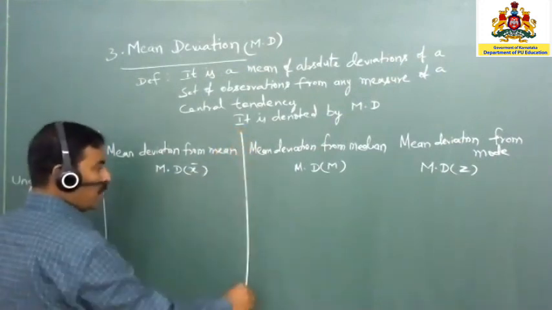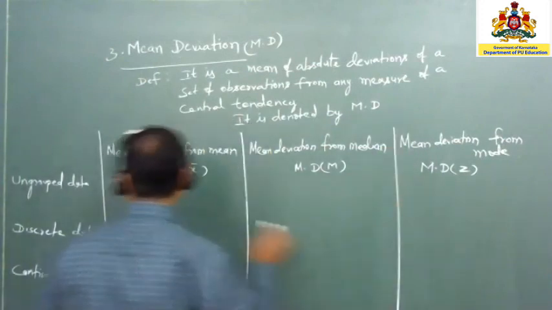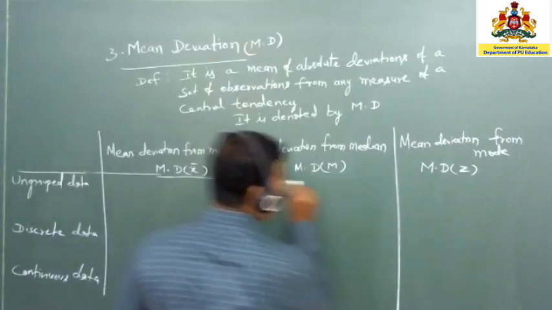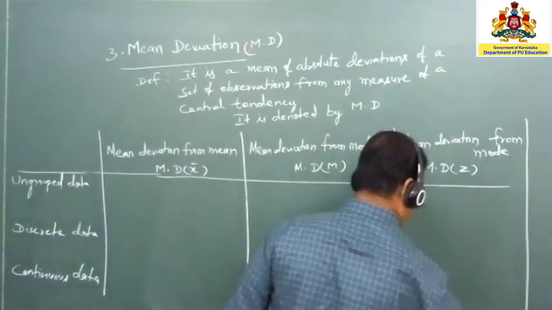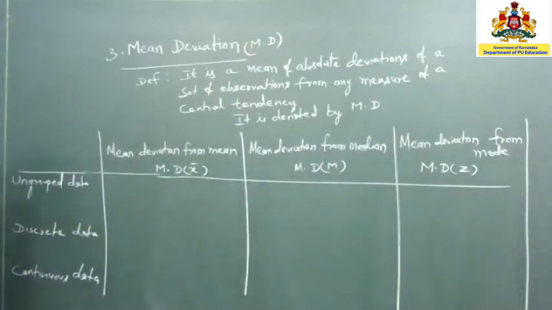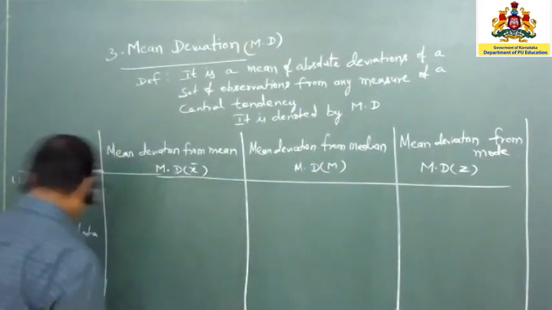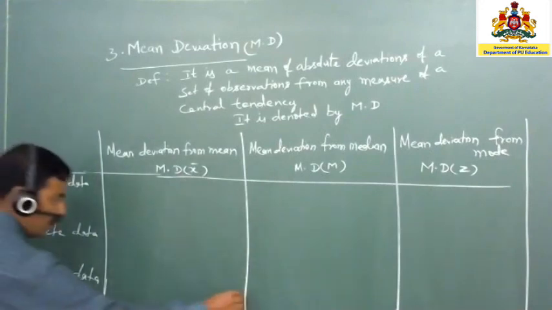So in a simple form, in an easy way, you can keep all the formulae in mind. And also we have a relative measure, coefficient of mean deviation.